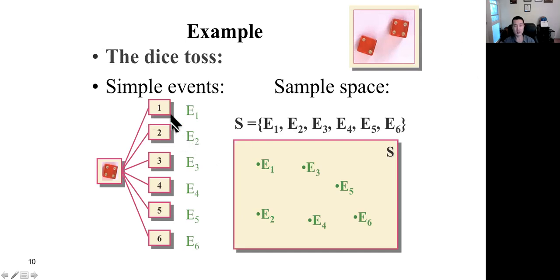So the simple events again will be E1, E2, E3, E4, E5, and E6, and the sample space will be S. S is for sample space, including all the simple events listed here. Sometimes we can also draw a figure here. S is the sample space, and the simple events are inside.